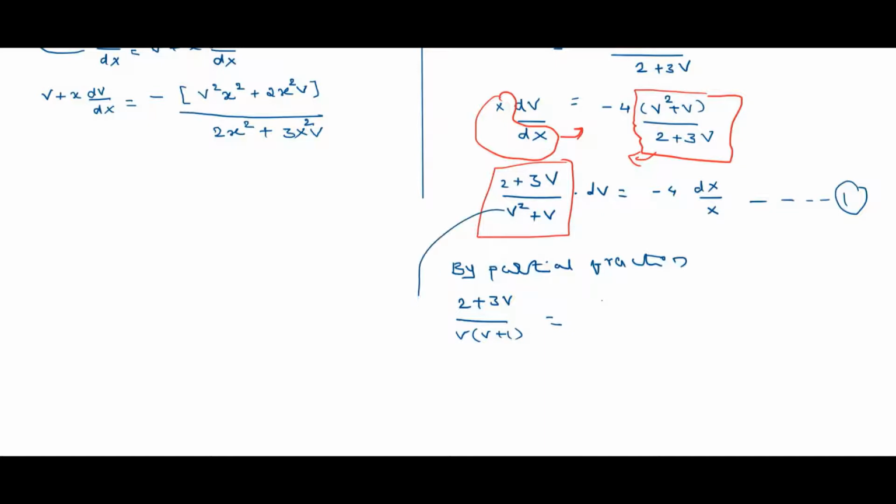So this v² + v we can also write as v into bracket v + 1.